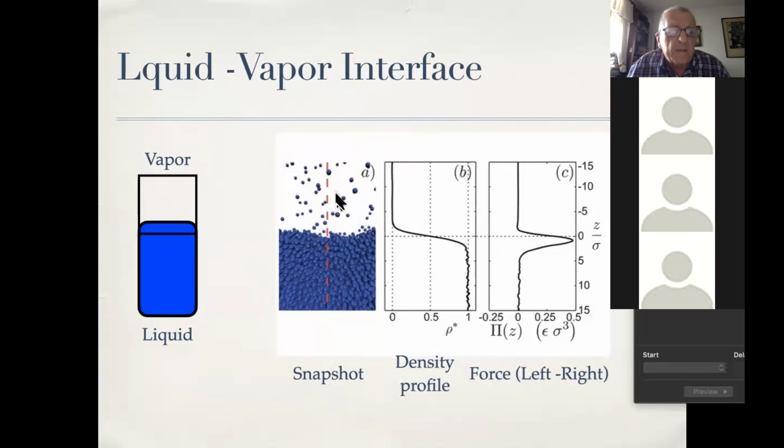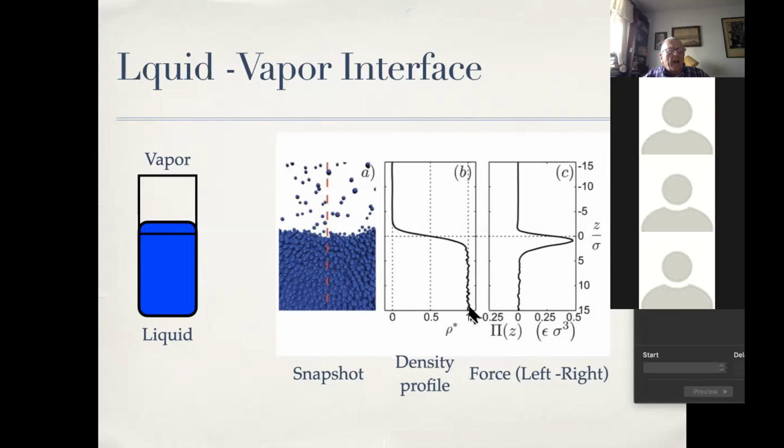So if I measure the density of the system, that is how many particles there are in a given volume, and plot it along the vertical axis, I get something like this.